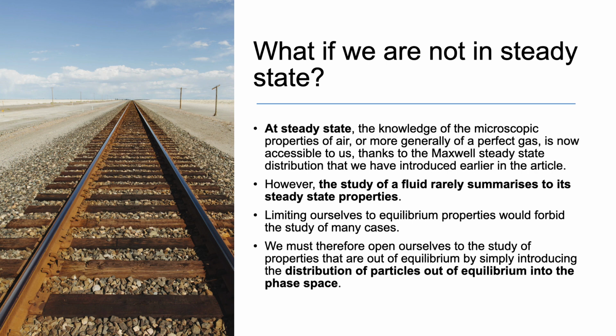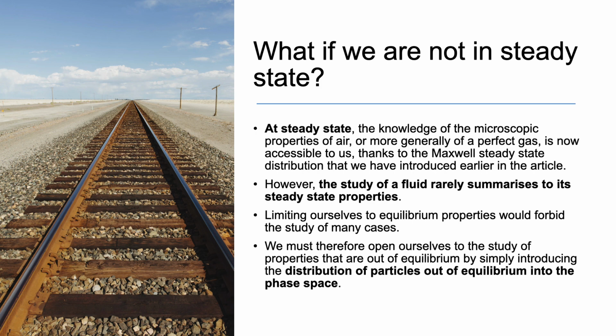But first, let's come back to the notion of steady state, because we've studied the steady state of a gas, right? So what if we are not in steady state? And generally, a gas is not in steady state. It's moving, even macroscopically. So how do you consider that at the microscopic level? Now we have the steady state distribution thanks to the Maxwell distribution.